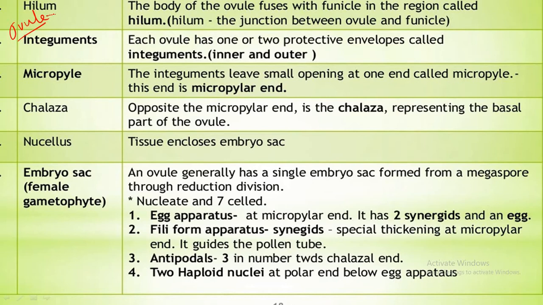The junction between an ovule and funicle is called hilum. It is the junction between the ovule and funicle, and funicle is the stalk by means of which the ovule is attached to the placenta. Now this hilum becomes a scar later on the seed.